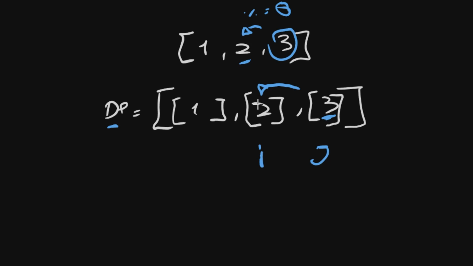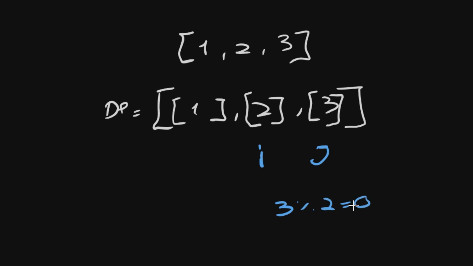Okay, so let's go step by step. Here we want to check if 3 modded by 2 equals 0, which it doesn't. So we will keep this value in our array as it is, and we will keep moving.